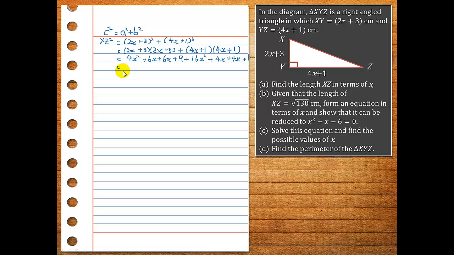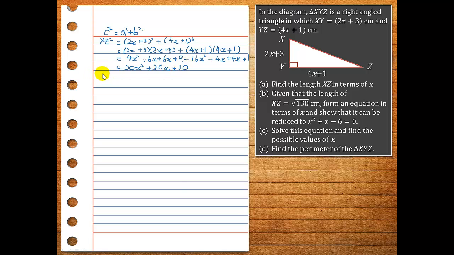Now, let's group the x squared terms together and we will have 4 plus 16, which is 20x squared. For the x term, we will have 6 plus 6, which is 12, plus 4, 16, plus another 4, which is 20. So we have 20x. And for the constant, we have 9 plus 1, which is 10.